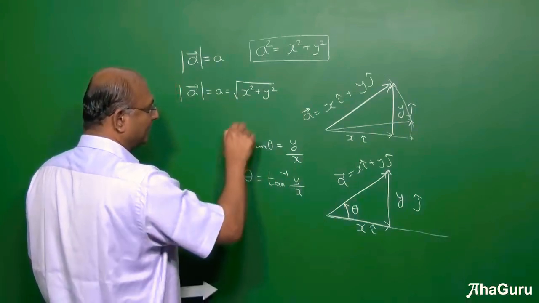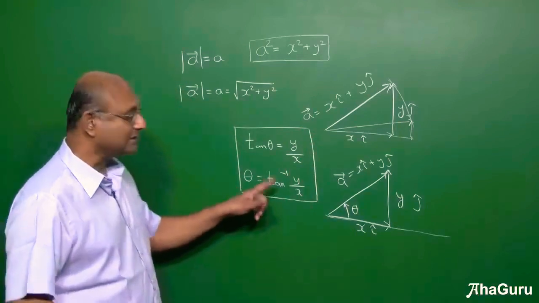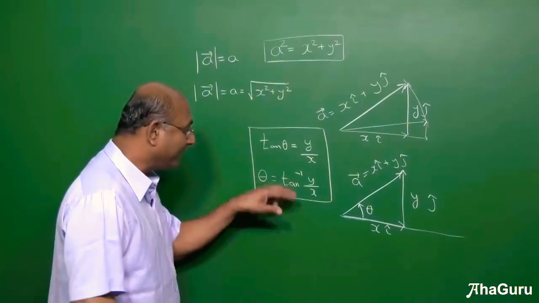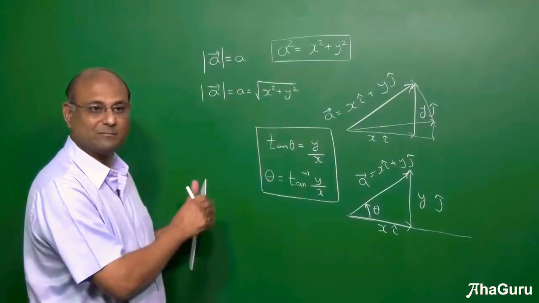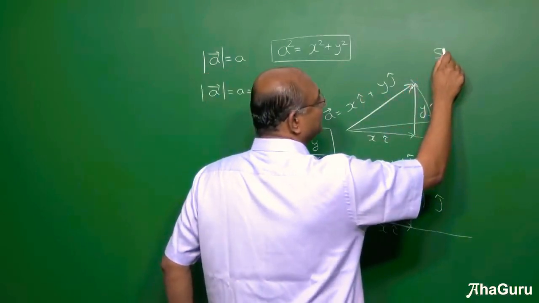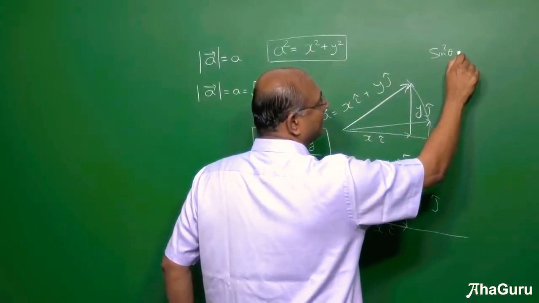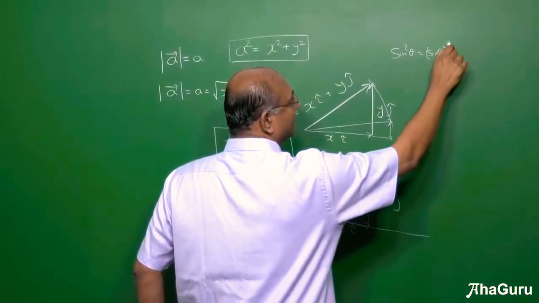Now this is something that you need to get used to. This does not mean 1 by tan of y by x. Tan inverse means finding the angle. Unfortunately, sine square theta, what does that mean? That means sine theta whole square.